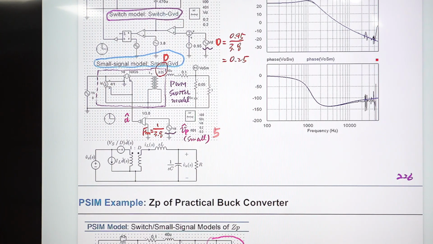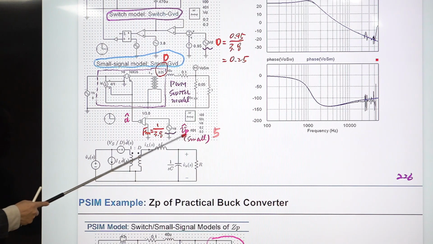This is IL, average value. This is the modulator, very simple, and the height of this one is 3.8. So the modulator gain is 1 divided by 3.8. Okay, we'll discuss this later. I'll clarify this. Assume this is correct.